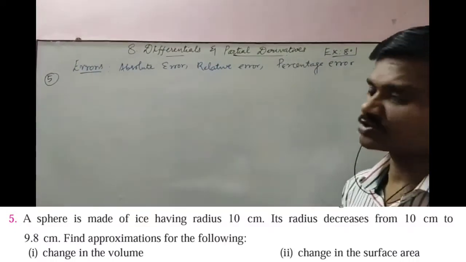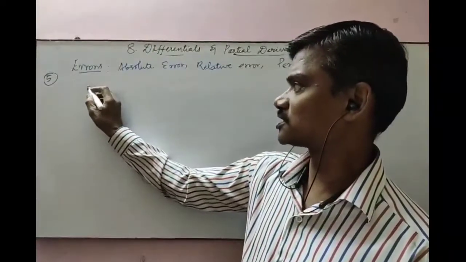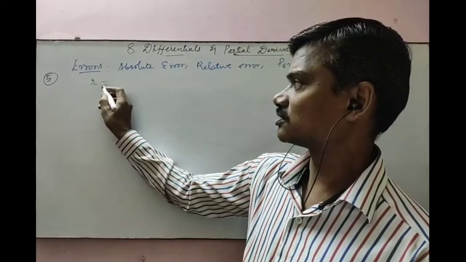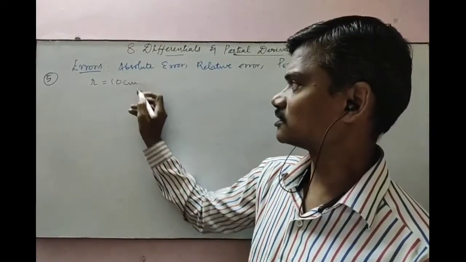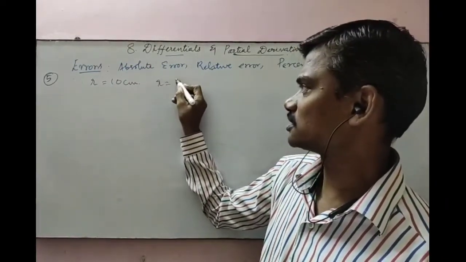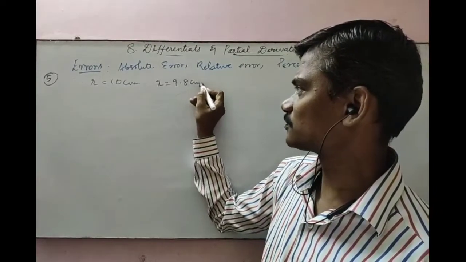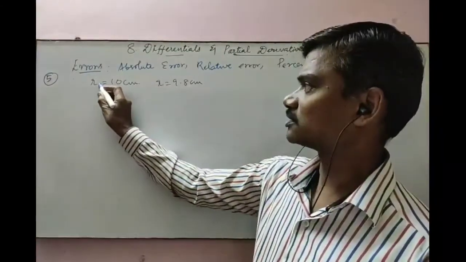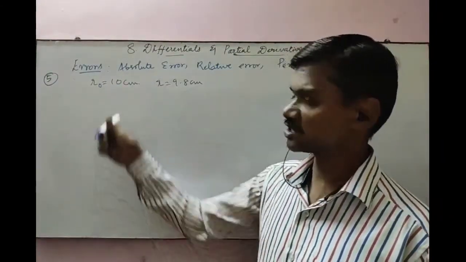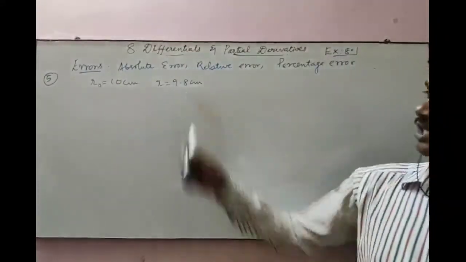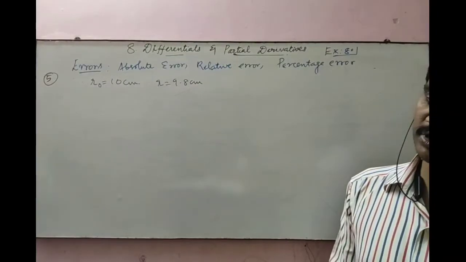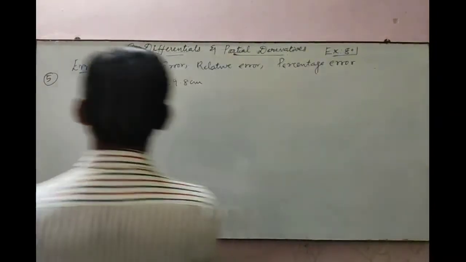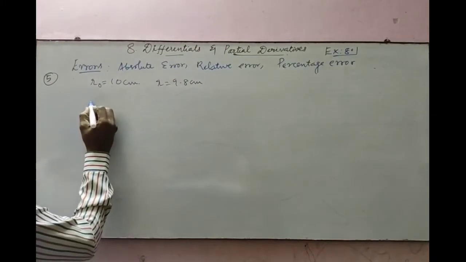So the given values of the sphere are radius 10 cm and one more radius 9.8 cm. The first radius is taken as R0, then the second one is R. So this is the actual value, and this is the decreased, measured value. So we have to find the change in volume.